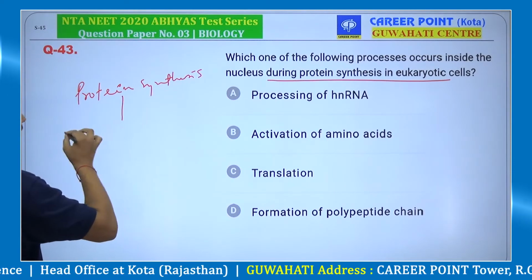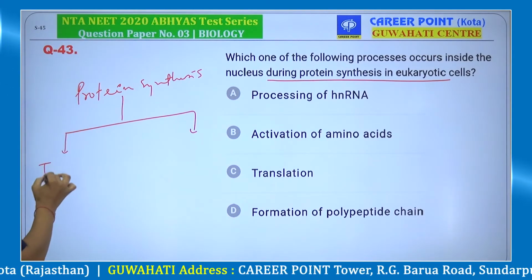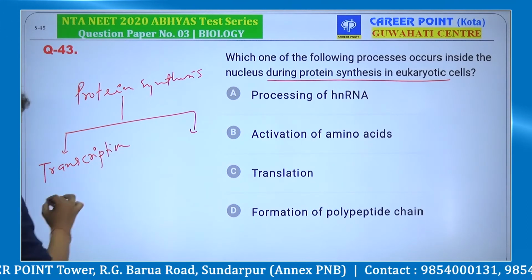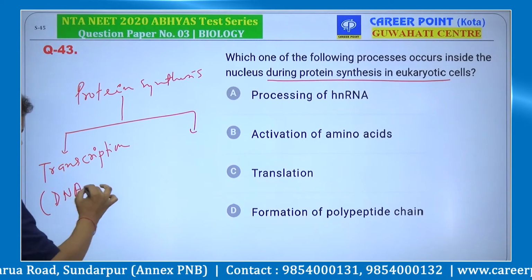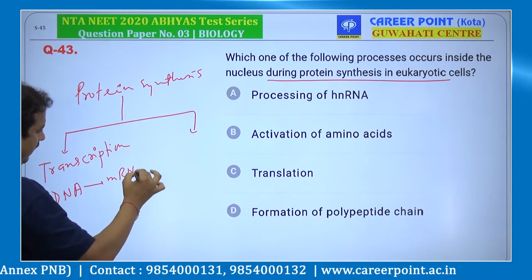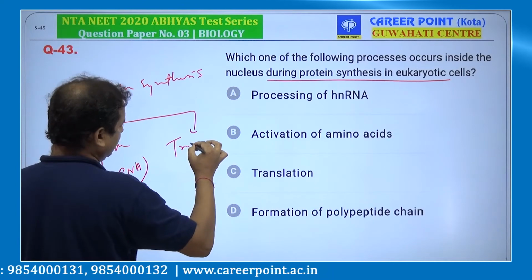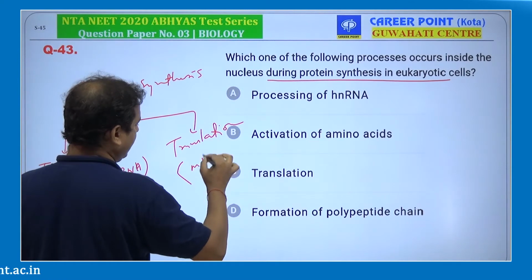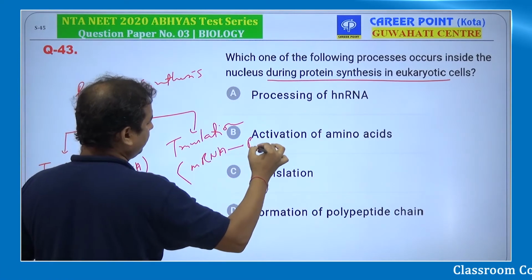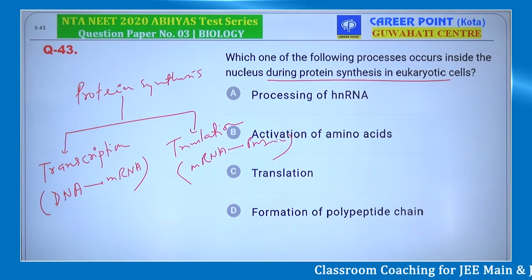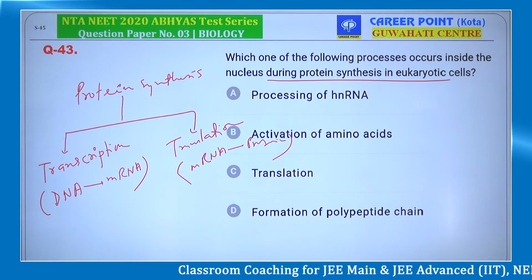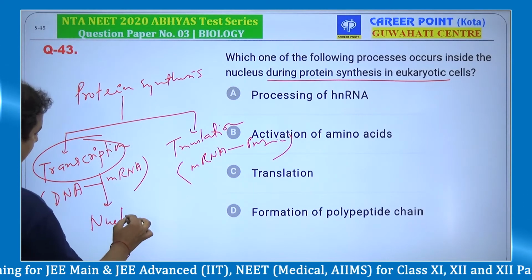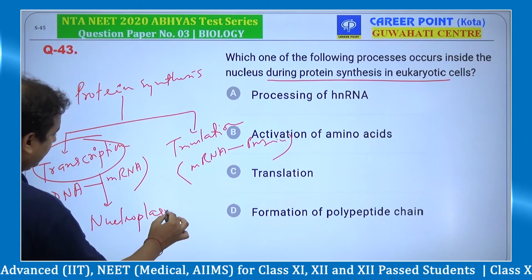One is called transcription, that is from DNA to mRNA, formation of mRNA from DNA, and translation means formation of protein from mRNA. Next thing is that this transcription always occurs in the nucleoplasm.